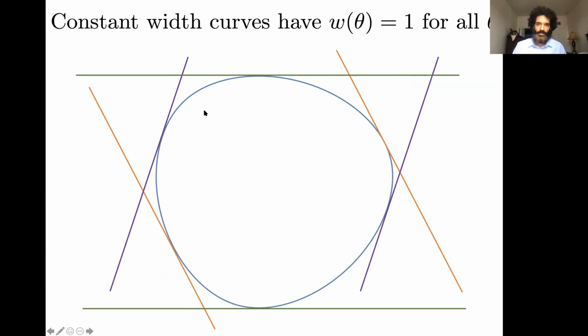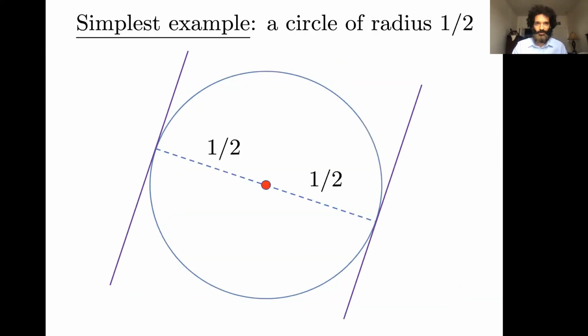And these 6 lines or 3 pairs of lines are all parallel supporting lines of a fixed distance that are all, so here I'm thinking distance 1 apart. You can obviously have constant width 2 or 3 or any other number, but I think 1 will be good enough for what we're doing today. So at that scale, these pairs of parallel lines are all distance 1 away.